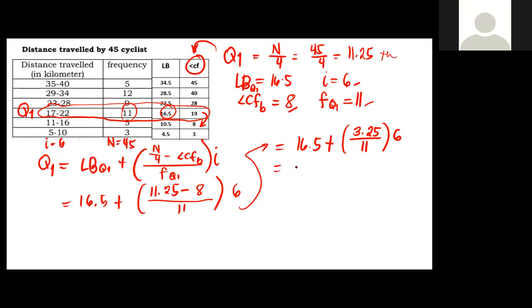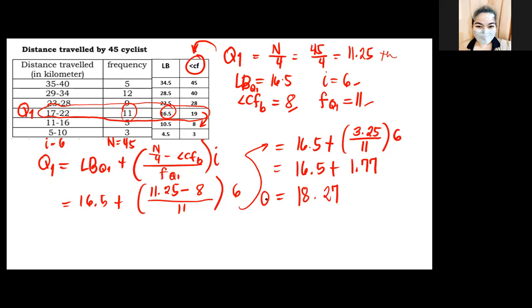1.77 po. So that's 16.5 plus 1.77. So ano yung magiging final answer natin? What is 1.77 plus 16.5? 18.27 po.